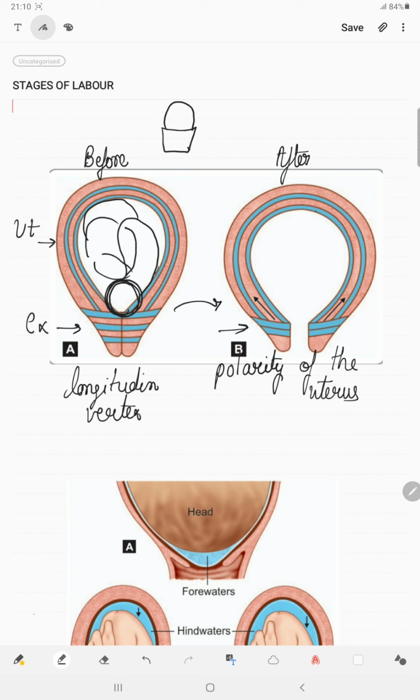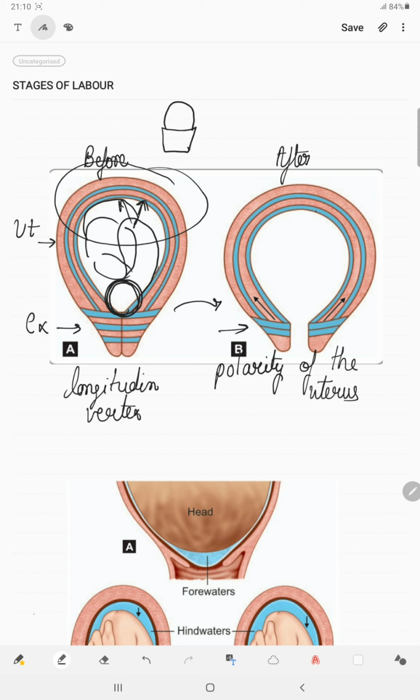Did you notice that the buttocks of the baby are in contact with the fundus? And I had already told you that the fundus has the maximum contraction, right? Out of all the parts of the uterus, this fundal area contracts maximally.